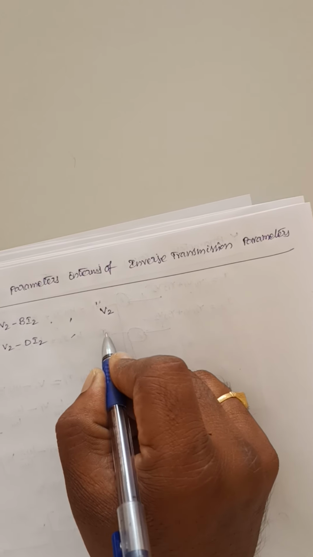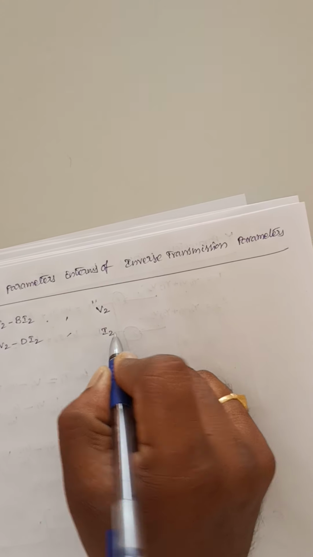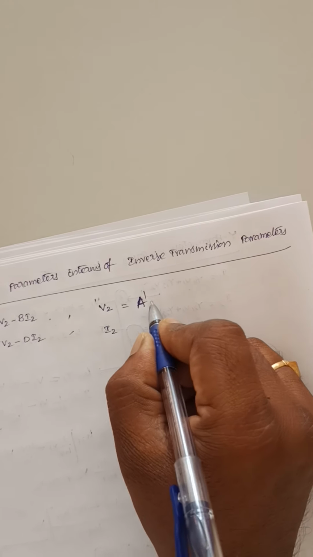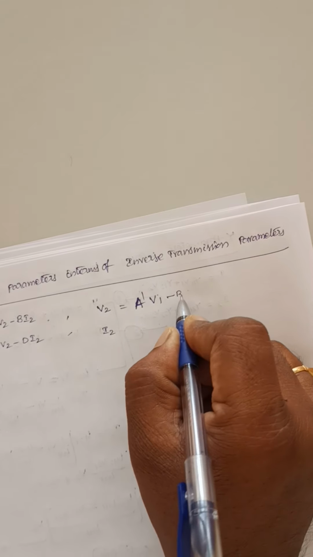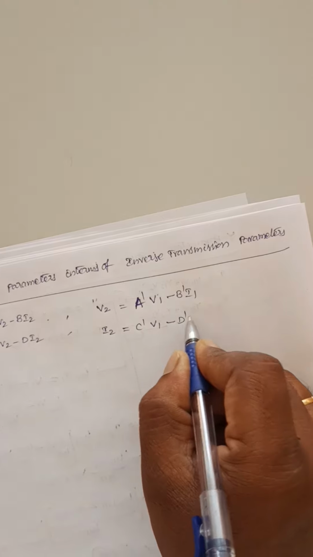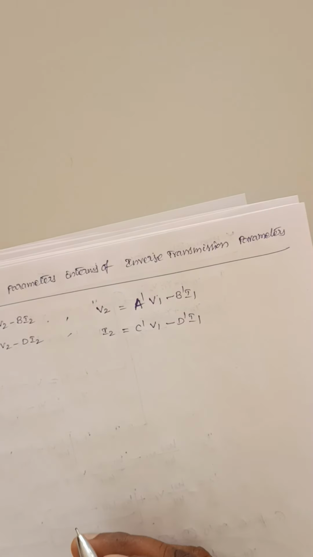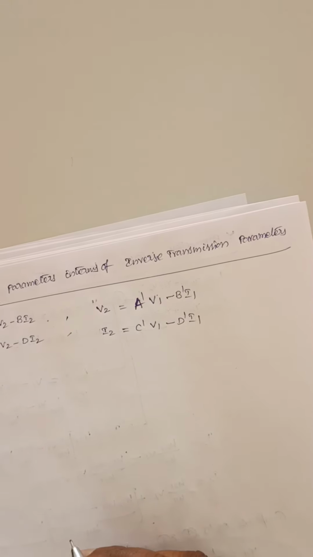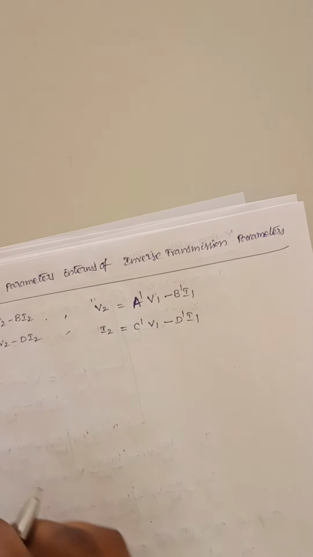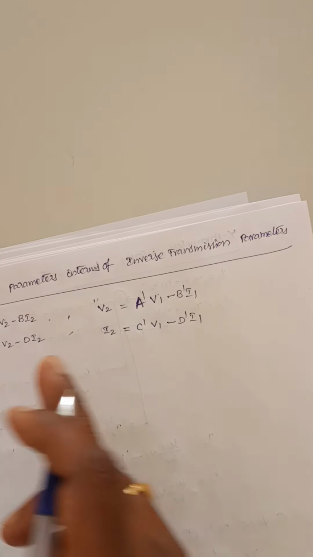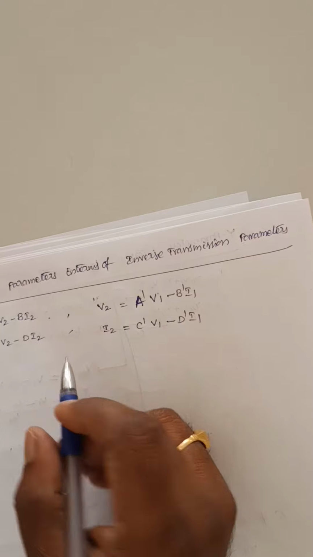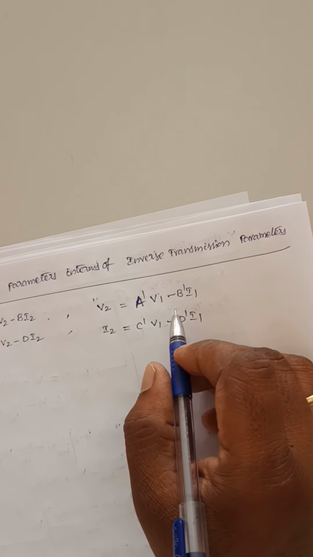V2 is equal to A dash V1 minus B dash I1, and I2 is equal to C dash V1 minus D dash I1. So these are the inverse transmission parameters. Now I want to find the relation between these two sets of parameters. That means I want to represent these ABCD parameters in terms of A dash, B dash, C dash and D dash parameters.